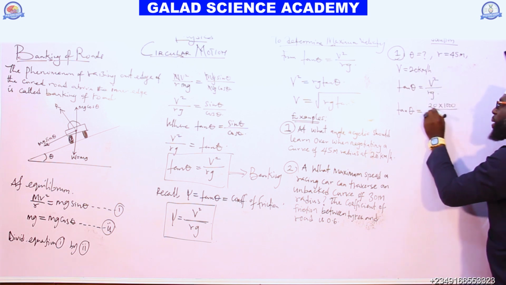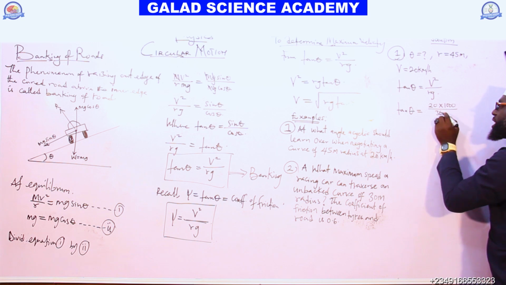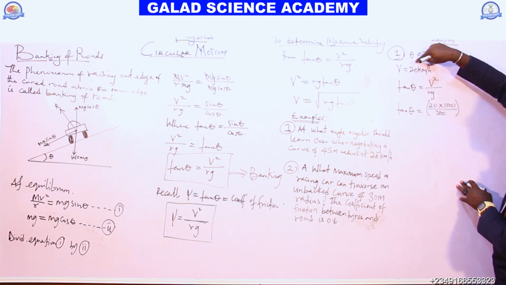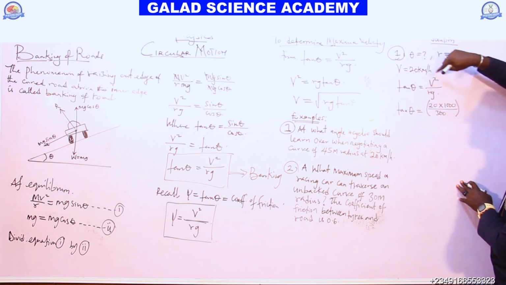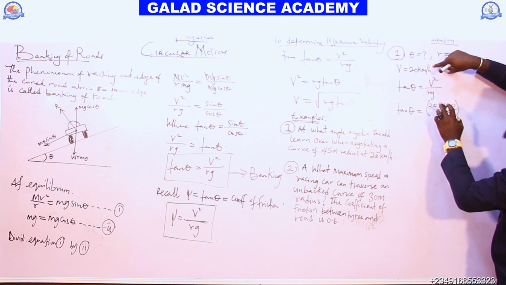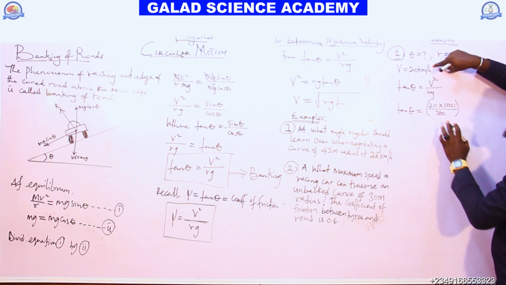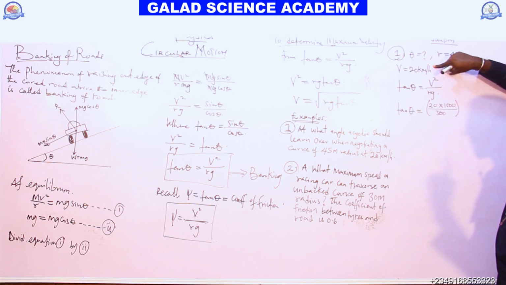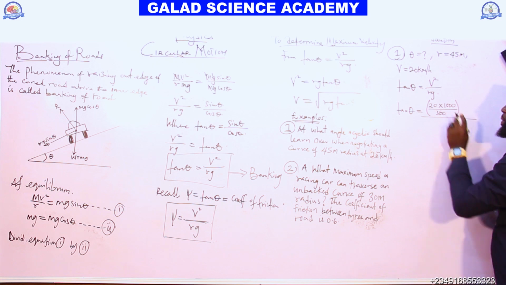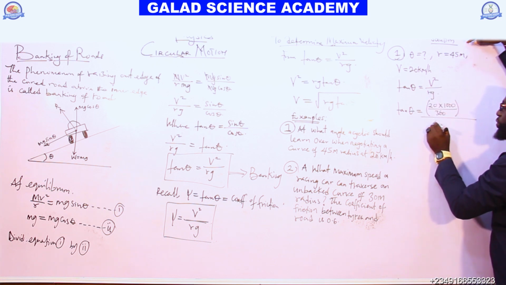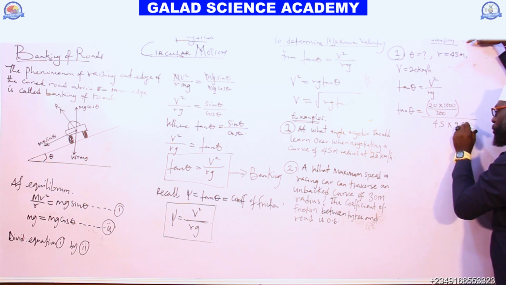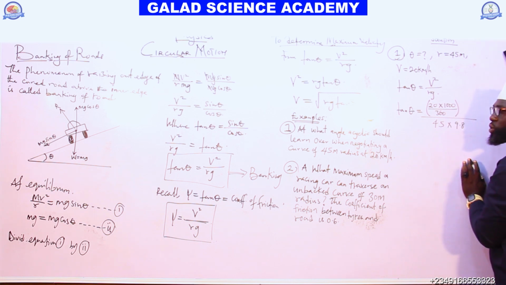One hour in seconds is 60 times 60, which is 3600 seconds. Then over the radius given, 45, multiplied by 9.8, which is the acceleration due to gravity.